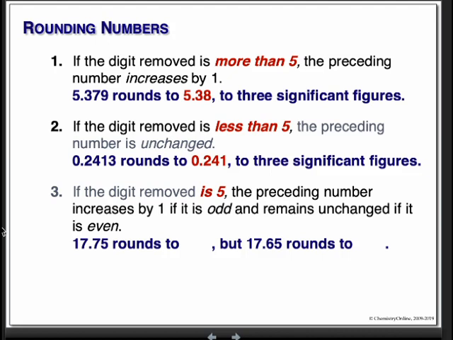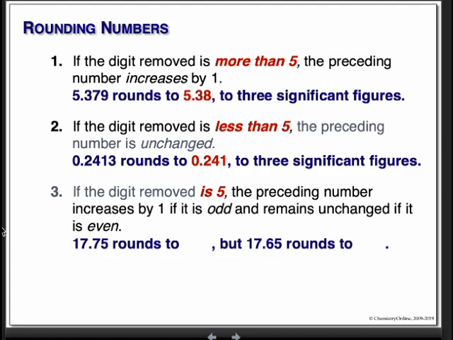But the one rule that most people don't know is, what do you do if your measurement is exactly 5? If your last digit is exactly 5, the rule is you always want to round even. You round so it's even.